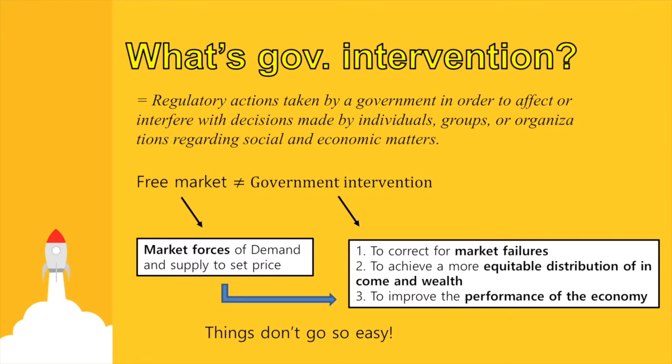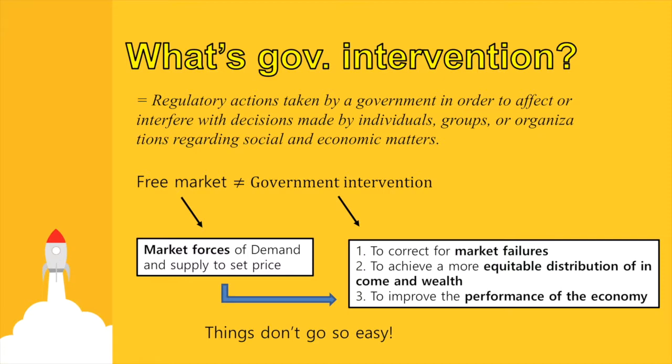Okay, so here it's important to remember that free market and government intervention is an opposite thing. Free market is where there is no government intervention, and in other words, demand and supply determines the market price. So yeah, as I wrote it here, market forces of demand and supply sets the price.